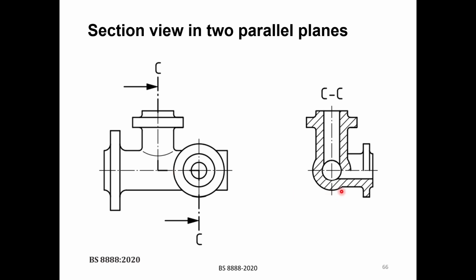You would have only seen the details of this part, and here you could have seen this going all around. So if one feature is shifted from the cutting plane, you can still use two parallel planes so that, in one section only, you can see the internal details here and there as well.